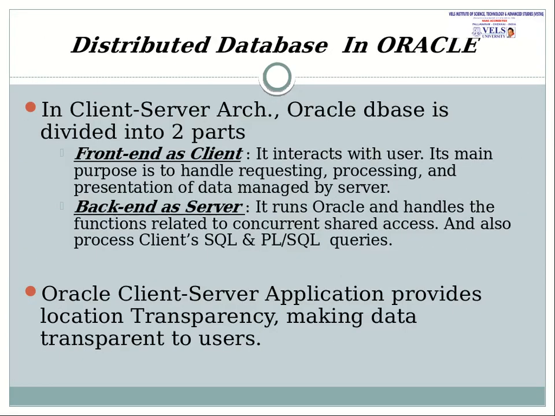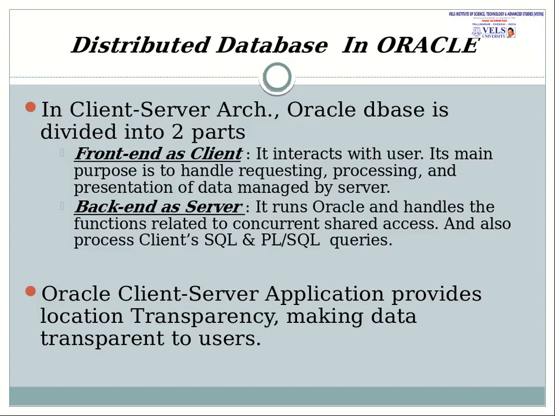And distributed databases in Oracle. In the main client server architecture, the Oracle database is divided into two parts. One is the front end as a client and the other is the back end as a server. In this client server architecture there are two layers, the front end application and the back end application.